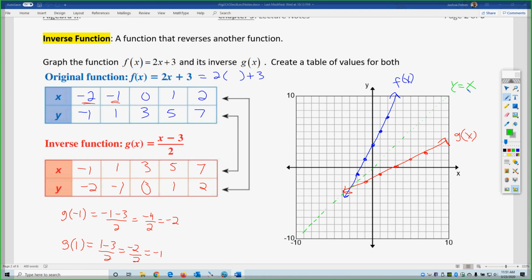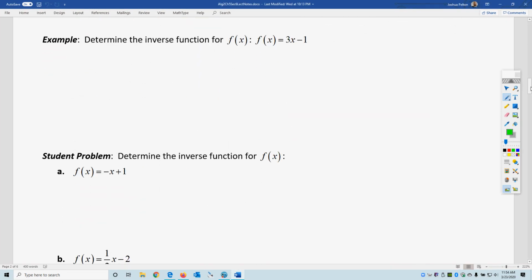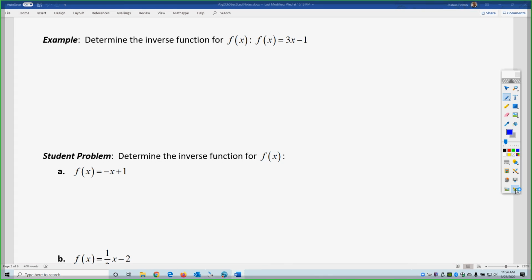Okay? Let's try a problem. Okay, so the original function is 3x minus 1, so we turn that to equation notation. That's y equals 3x minus 1. So that is the original function. One's in the function notation, one's in the equation notation. So to get the inverse, we need to switch.